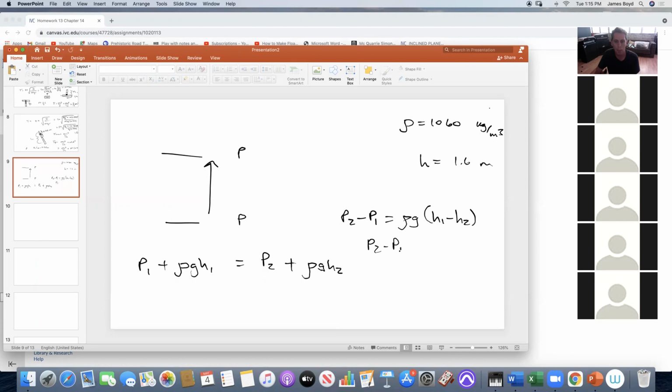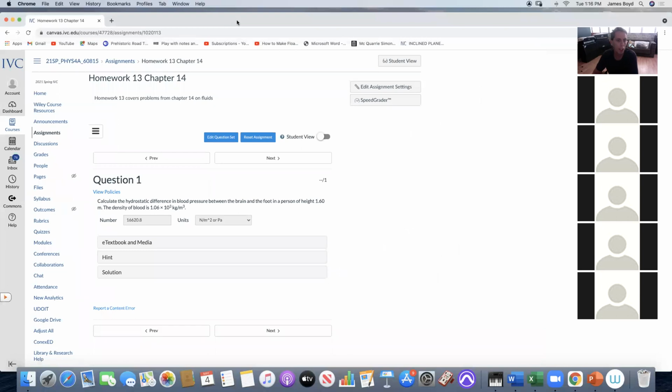So P2 minus P1 is rho g h2 with a minus sign. This is 1060. This is 9.8. This is 1.6. There is a negative sign. The pressure change is a drop as you go from your feet to your head, which we already know. And I get 16,620. This is in pascals, what they want the answer in.